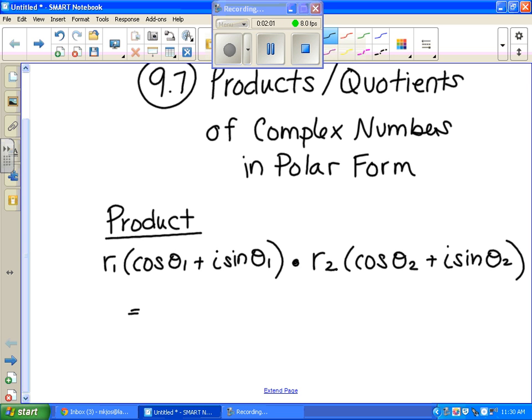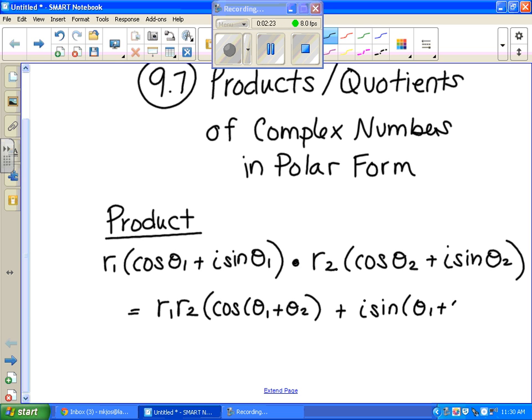All you have to do is multiply the R1 and the R2 together for your final part, and add the angles together. So it's the cosine of theta 1 plus theta 2 plus I sine of theta 1 plus theta 2. They're going to give you the first part, and you're going to multiply the 2 r's together, and you're going to add the angles together.